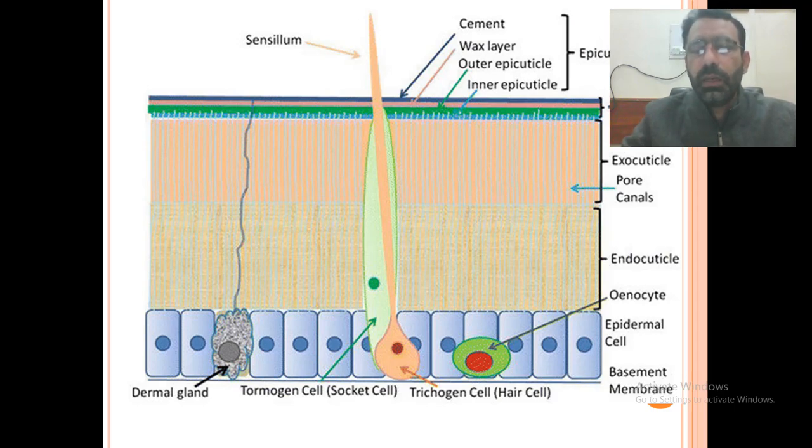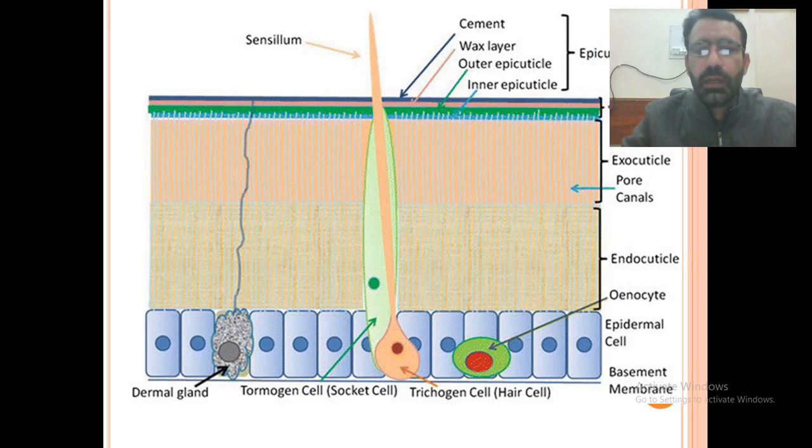First of all, much of the area is composed of cuticle, and cuticle is further divided into three main layers: epicuticle, exocuticle, and then endocuticle.